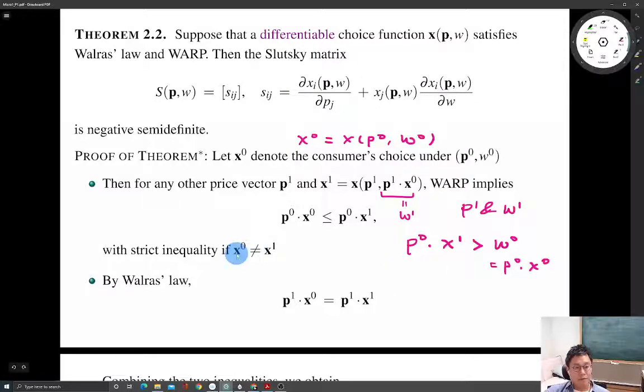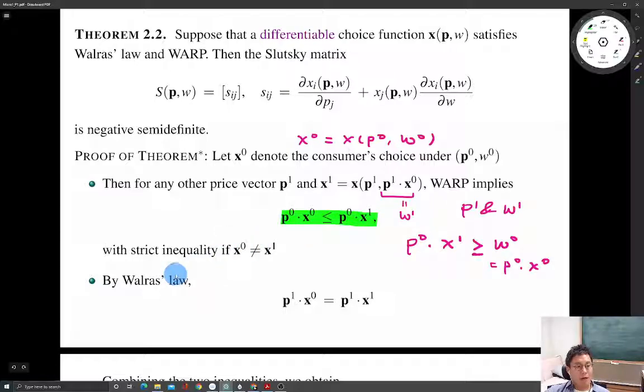Of course, we don't know whether X1 is different from X0. If X1 is equal to X0, this inequality holds with weak inequality, so it becomes an equality.